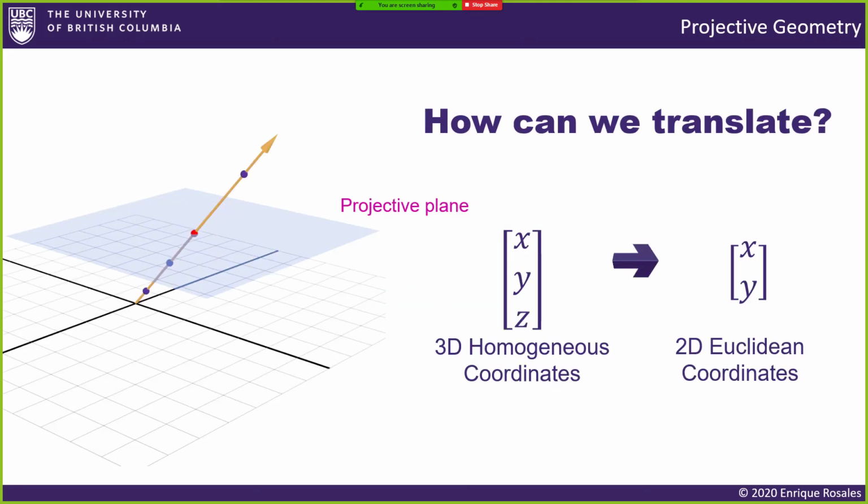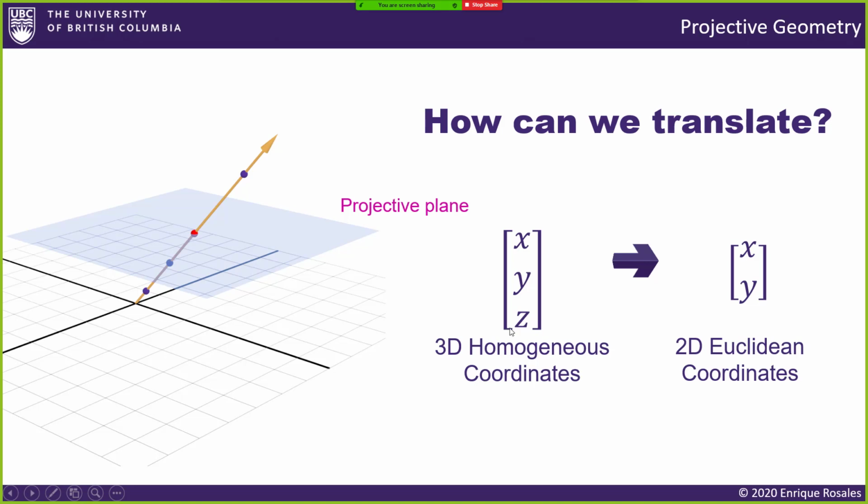So this is what happens in 3D. If now we have 3D homogeneous coordinates x, y, z, and we want to translate that into a 2D Euclidean space, which only has x, y, we do exactly the same recipe. Now, instead of a projective line, we have a projective plane.